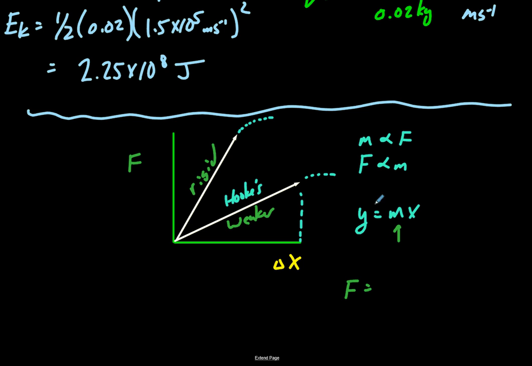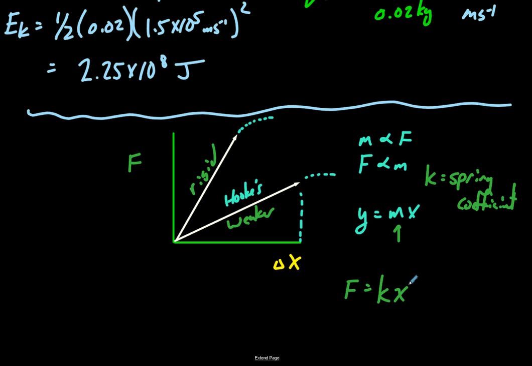We get that F is equal to m, and m has a name, and we call it k. That's the spring coefficient. It's higher when this slope is higher, but it stays linear, okay? We say F equals kx.